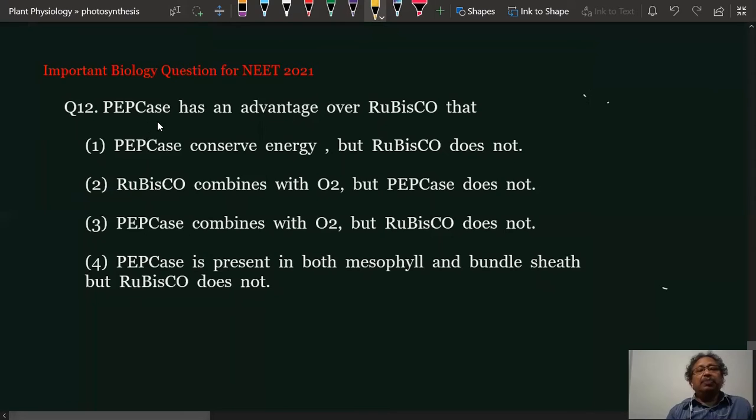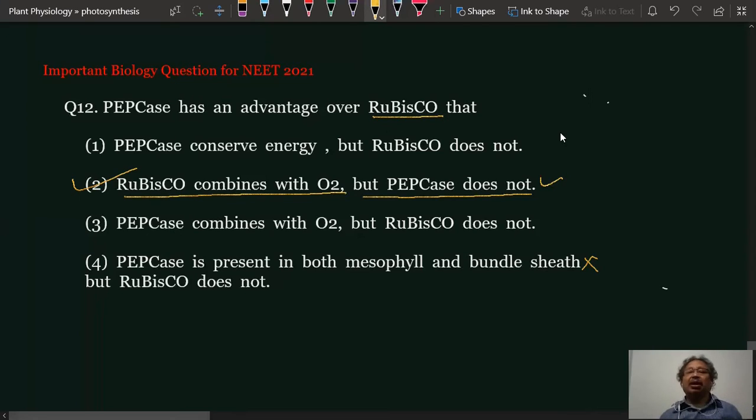Question 12. PEP carboxylase has an advantage over Rubisco. That Rubisco combines with oxygen, but PEP carboxylase does not. This Rubisco enzyme can function as a carboxylase as well as oxygenase. In normal condition, it functions as a carboxylase, but if oxygen concentration is high, it starts behaving as oxygenase and helps to absorb oxygen.